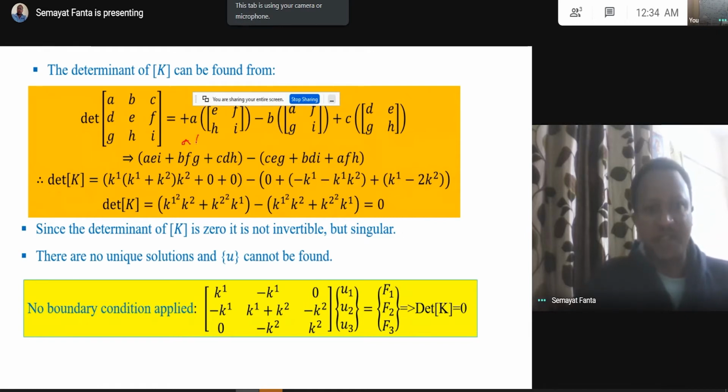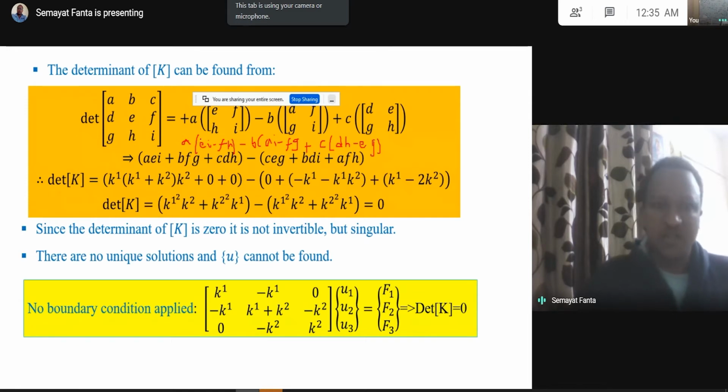That means A times (EI minus FH), minus B times the determinant of the portion inside the bracket, (DI minus FG), plus C times (DH minus EG).